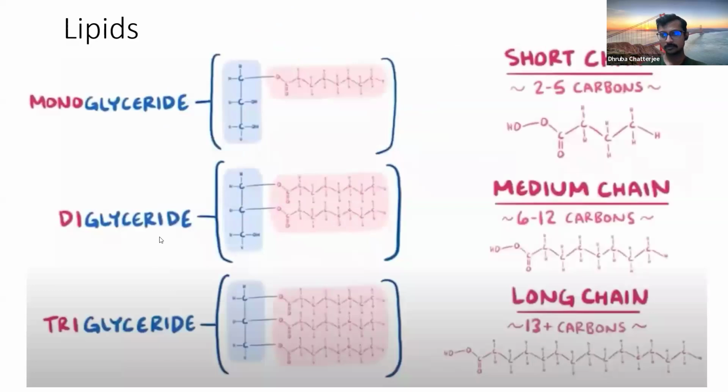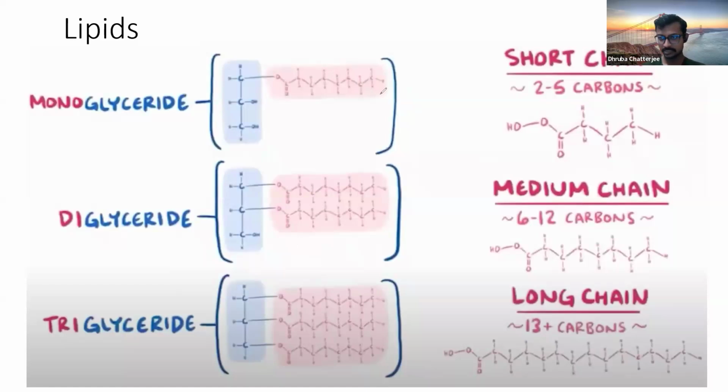As I already mentioned, you can have several different types of glycerolipids or glycerides, for example monoglyceride, diglyceride, and triglyceride. What they essentially differ in is how many fatty acid residues are attached to the glycerol moiety.